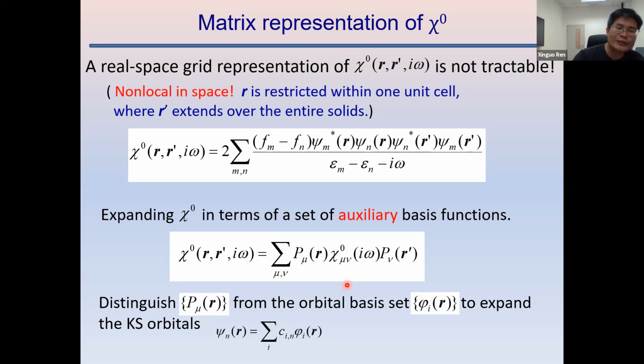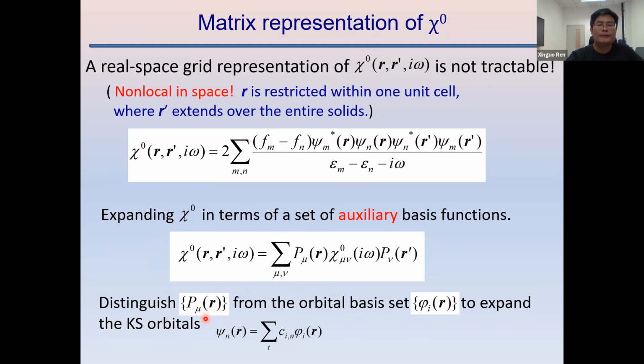In our case, we have atomic orbitals, so we also need to introduce another set of atom-centered basis functions to represent this response function. But the optimal auxiliary basis set is different from the orbital basis set one needs to expand the Kohn-Sham orbitals.